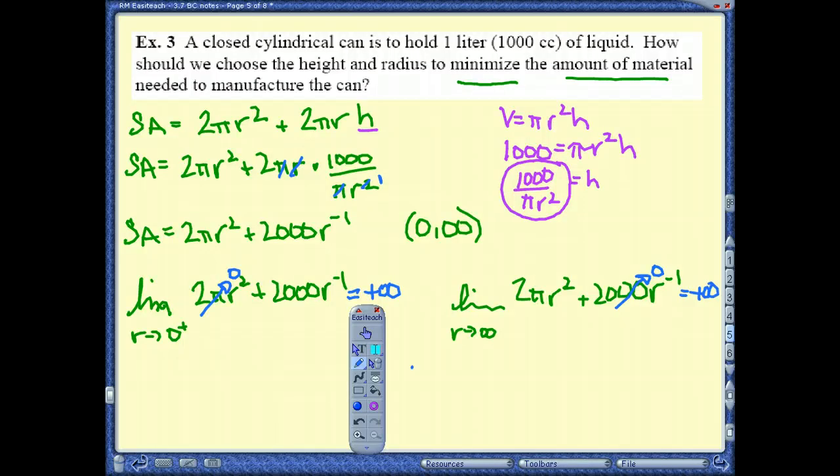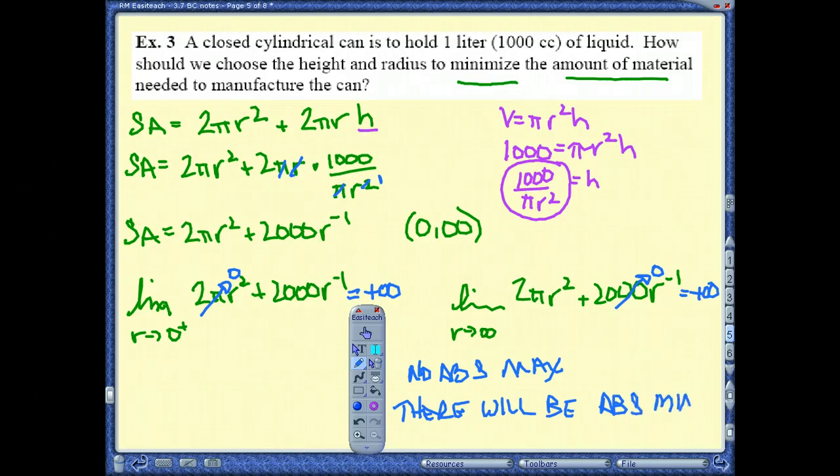That means we do not have an absolute max, no absolute max, and that's okay because they weren't asking for it anyway. But there will be an absolute min, so we will be able to minimize our material. There will be an absolute min. If we only have one critical point, that's the one we got.